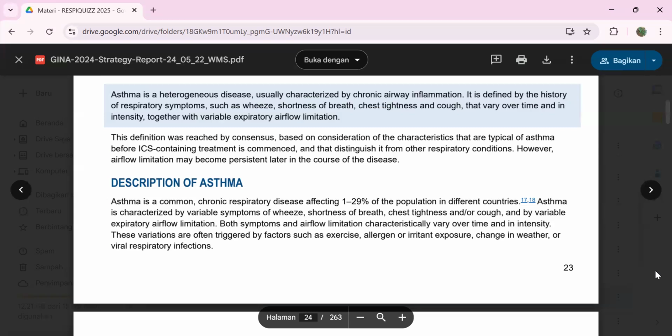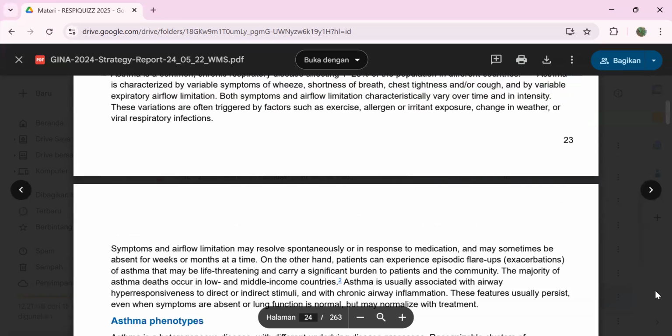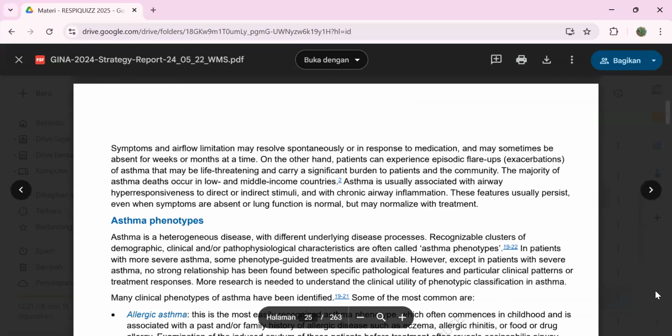These variations are often triggered by factors such as exercise, allergen or irritant exposure, change in weather, or viral respiratory infection. Symptoms and airflow limitation may resolve spontaneously or in response to medication and may sometimes be absent for weeks or months at a time.